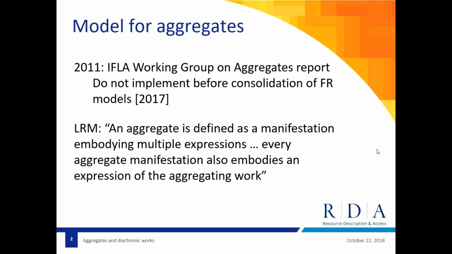And so there is a hidden work, which the LRM describes as being the kind of glue that chooses the expressions to aggregate, sequences them, and then wraps them with, for example, a title page, page numbering, and all that other editorial stuff that you typically find, and we usually ignore. And the good news is we don't have to pay too much attention to it with the new model either.